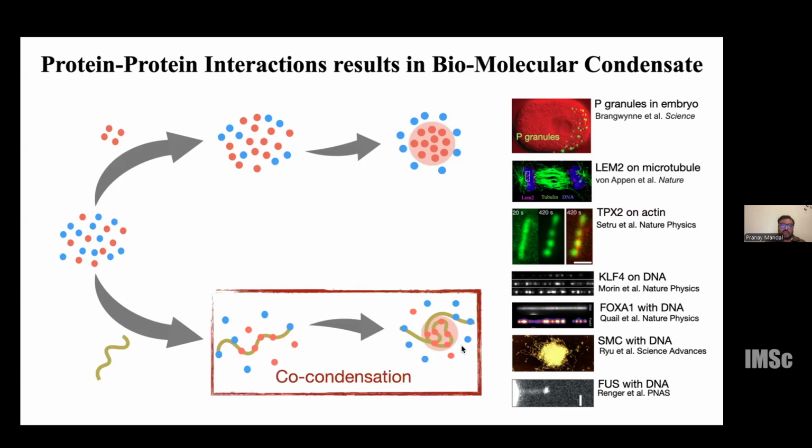This is what I call a co-condensation phenomenon, because for this you need proteins which can self interact, and also a substrate or a DNA that can bind to these proteins. It is a condensation phenomenon, but it needs a DNA or RNA. That's why we call it co-condensation. In my talk I will stay in this regime where DNA and protein interact to form these biomolecular condensates.